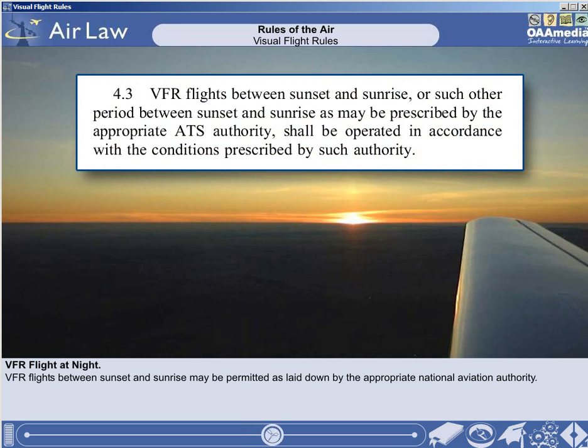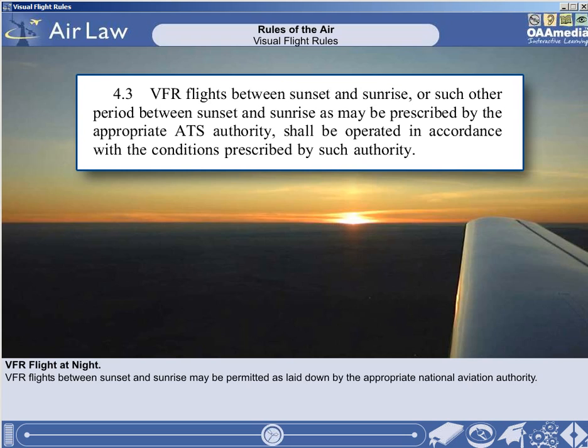As far as VFR flight at night is concerned, ICAO rules of the air state simply that VFR flights at night may be permitted as laid down by the appropriate National Aviation Authority. For example, the United Kingdom defines night as stretching from 30 minutes after sunset to 30 minutes before sunrise.